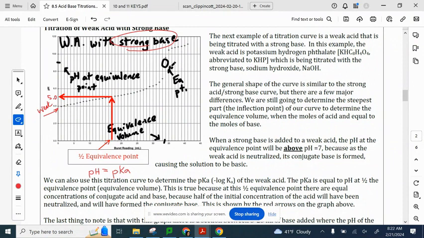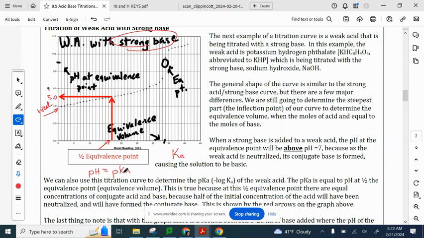At that point, at the half equivalence point, your pH equals your pKa. So for your lab, if you can figure out where that equivalence point is, you divide that volume in half and determine what the pH is, you've got your pKa. And if you have your pKa, you also have your Ka.